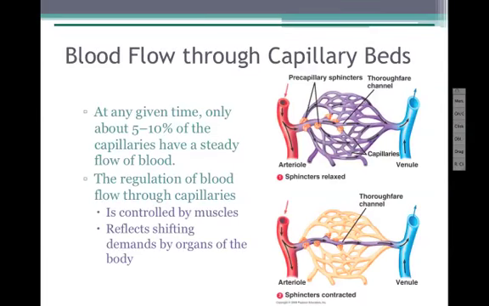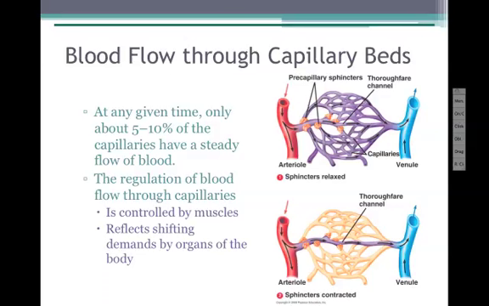Now, capillary beds are tightly controlled as to how much blood will flow through the capillaries. You remember sphincter muscles. They're round muscles that close off passageways. You remember at the top of the stomach and below the stomach. Well, we also have sphincters in our capillaries.